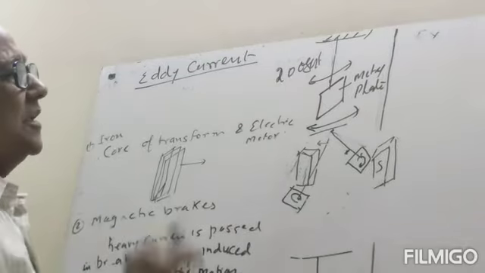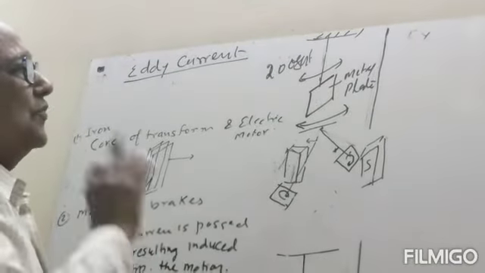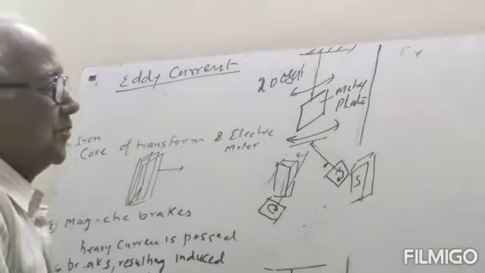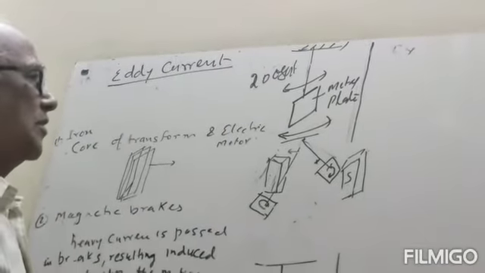After 20 oscillations, the oscillation of the pendulum vanishes or stops.